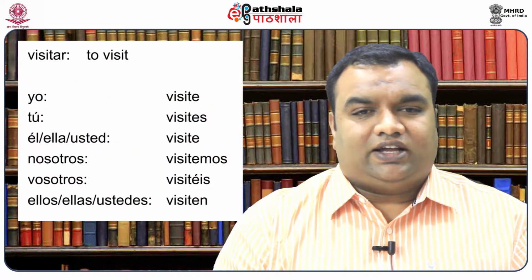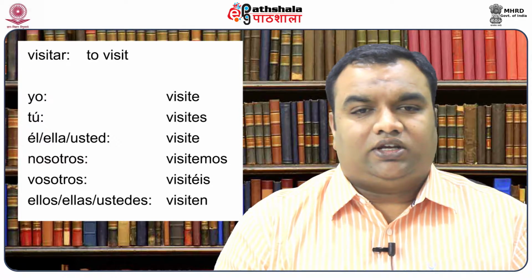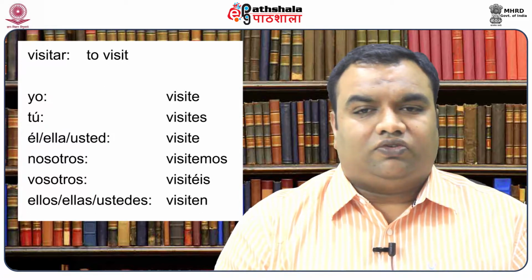Some examples of subjunctive conjugation in the AR ending verbs are visitar. The verb in English means to visit. The present indicative of visitar in the yo form is visito.